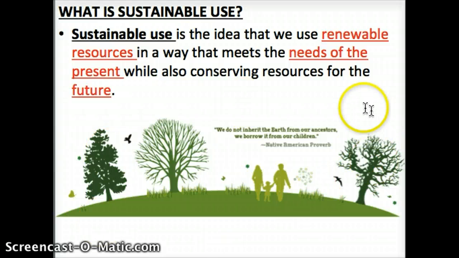And I found this really nice quote. It says, "We do not inherit the earth from our ancestors, we borrow it from our children." So basically, it's saying we need to use the earth in a way that it's going to be preserved for the future, because we don't want to see it being destroyed. We don't want to have to rely on another planet like Mars to sustain our lifestyles.